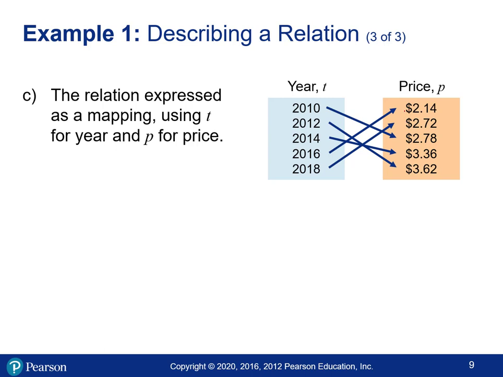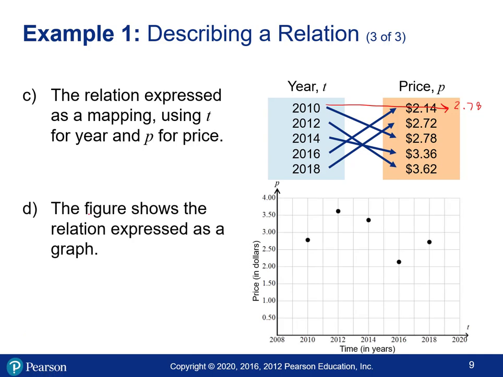The price column is also ascending, getting bigger as we go down. Because we're trying to keep this in order, the arrows look kind of crazy. But if you wanted to, you could put, for example, 2.78 up here, and then your arrow would go straight across, and so on. But we wanted to stay a little more organized, so that's why those arrows look like that.